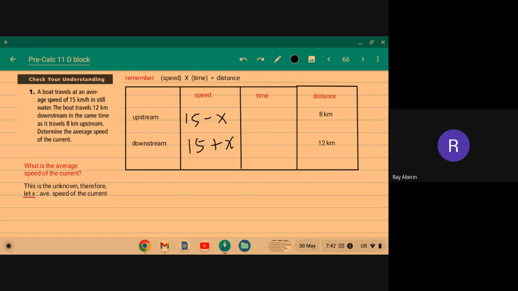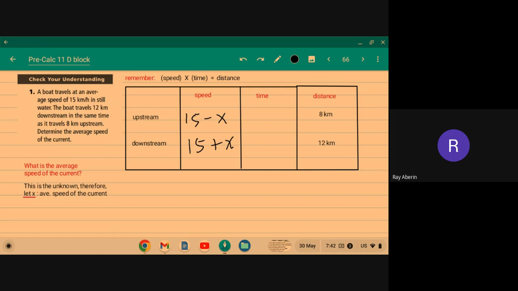There's a reason why I want to go to the distance for now, because you will eventually realize that that's the reason why we have to have the distance and the speed, which would allow us to get the time. So anyway, the distance is given. This 8 kilometers is given here. Upstream, it says it's able to travel 8 kilometers. The distance downstream, this 12, is given by this. So those are the things that we know so far.